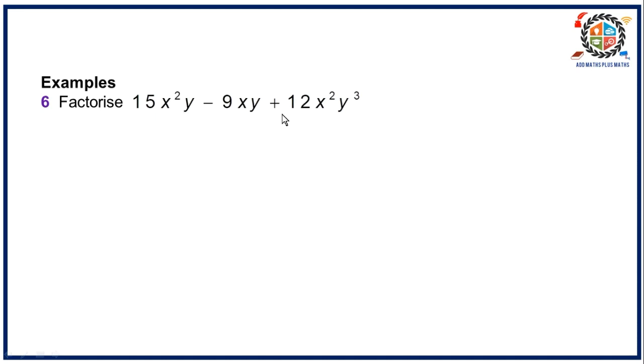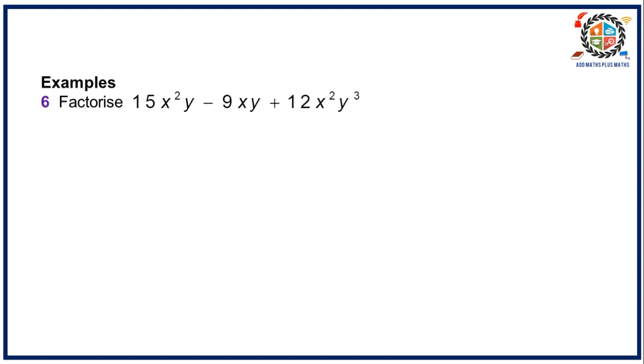The third term is 12x squared y cubed. If you notice, x is present in all the terms, but the lowest degree is x, so I have only degree 1, or the index is 1. So I will consider only 1x as the common monomial factor.